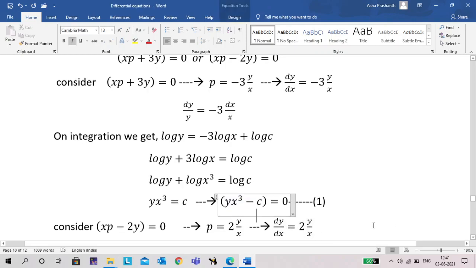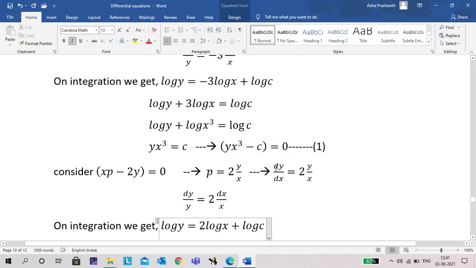You separate the x term and y term. dy by y is equal to 2 dx by x. Apply integration on both sides. Clear? So log y, the integration of 1 over y, is log y, is equal to 2 times the integration of 1 over x, which is log x. These two terms are log terms, so I am taking the constant as log c.